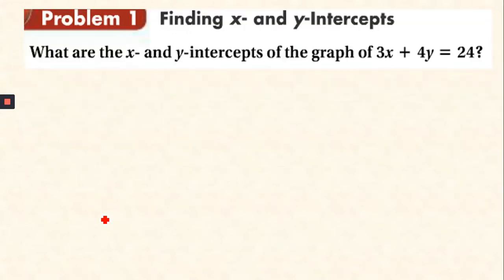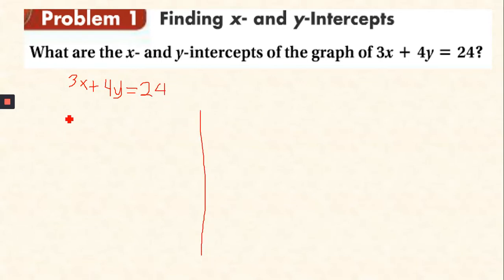Okay, this time we're going to find the x and the y-intercept of the graph of 3x plus 4y equals 24. We have 3x plus 4y equals 24. It would be better for us to draw a vertical line.